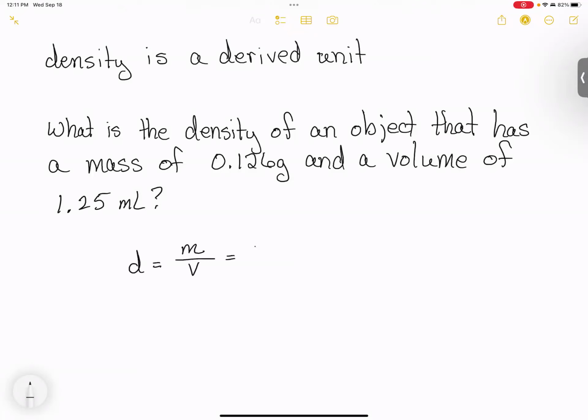So it's going to equal the 0.126 grams divided by 1.25 milliliters. Or in other words, it has a density of 0.1008 grams per milliliter.